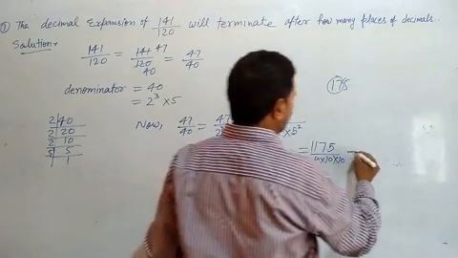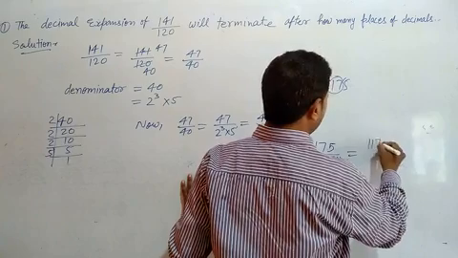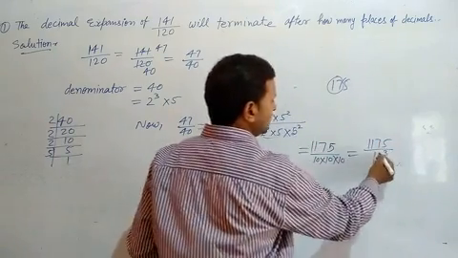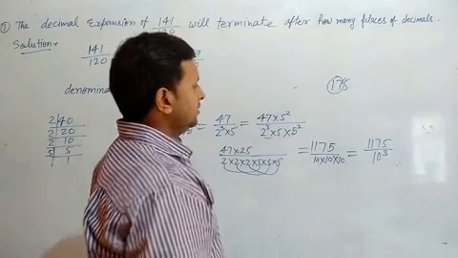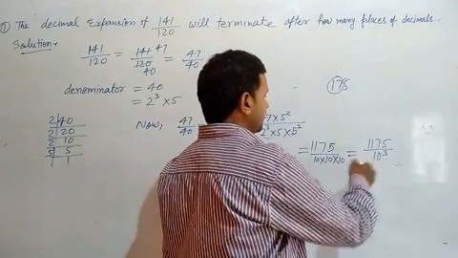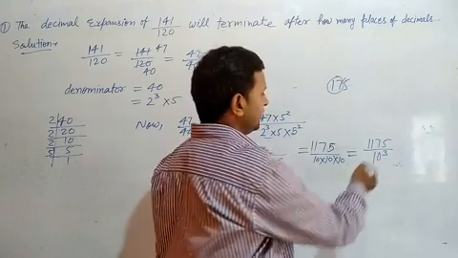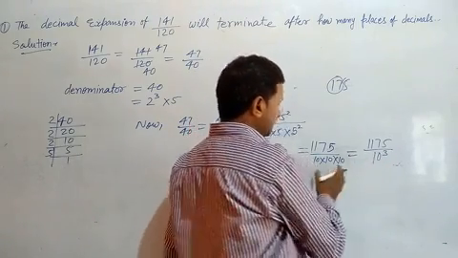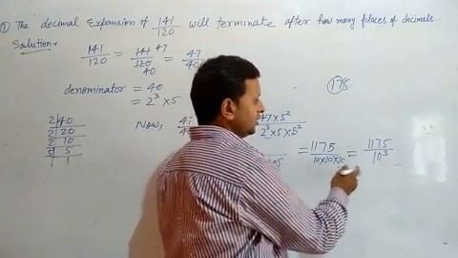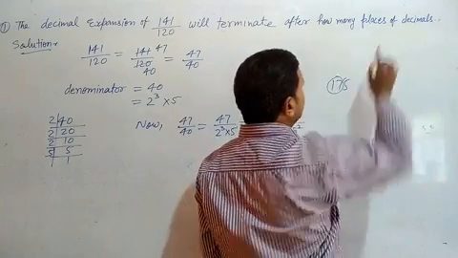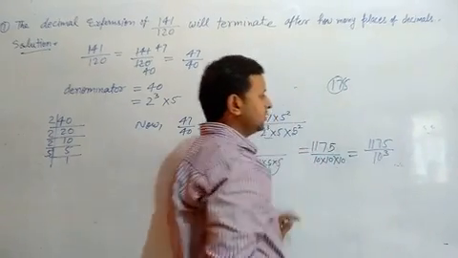Means we can write 1175 upon 10 to the power 3, that is 10 cubed. When we convert it into terms of 10, we get 10 three times. So it terminates after 3 places of decimals.